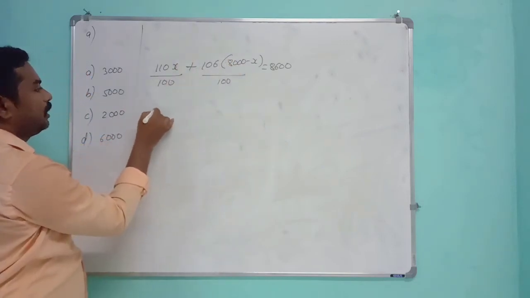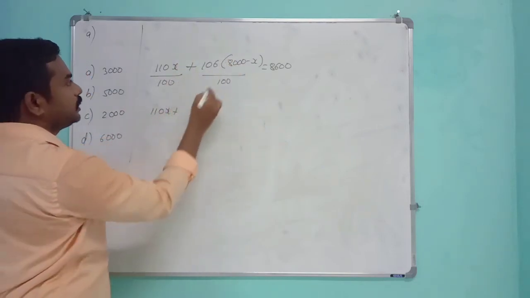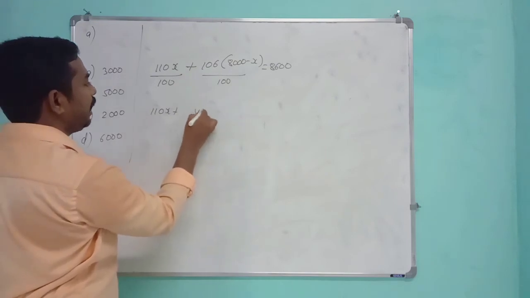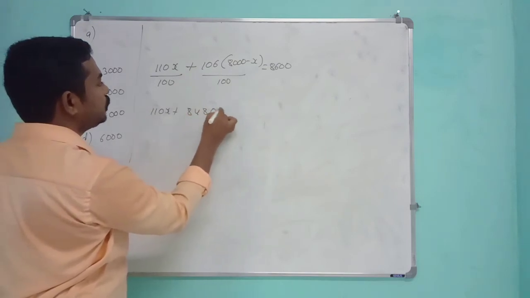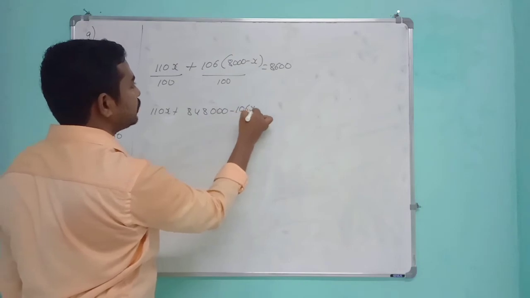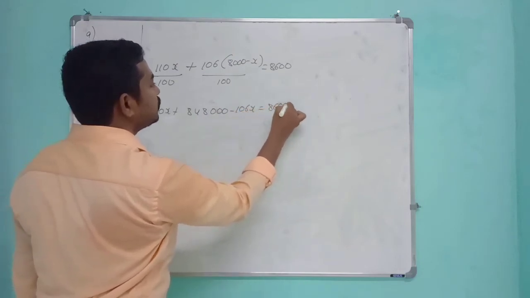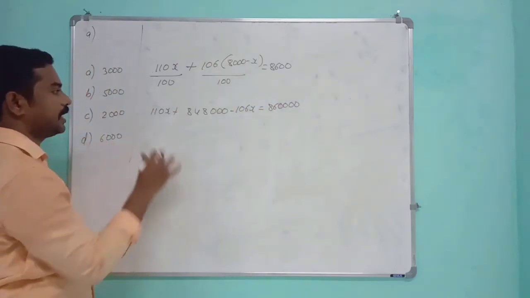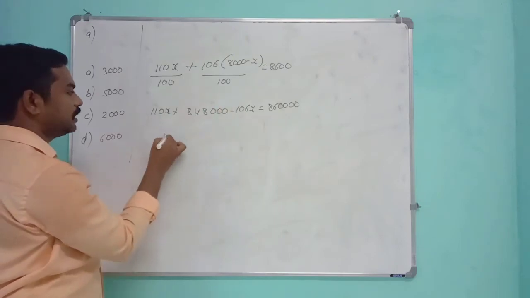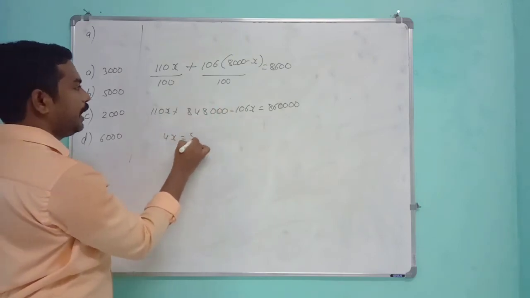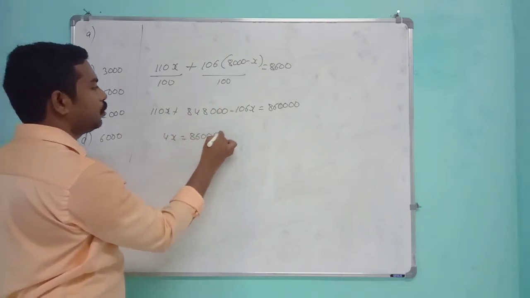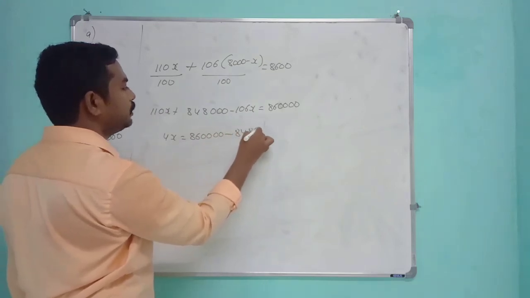Therefore, 110 of X plus 106 into 8,000 minus 106 X is equal to 8,600 into 100, the LCM goes that side. 110 minus 106 is nothing but 4X, and 8,600 minus 8,480.